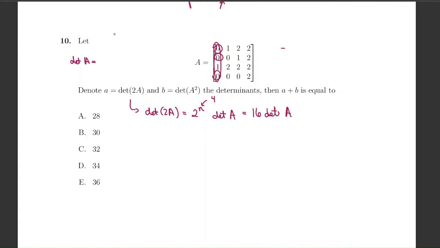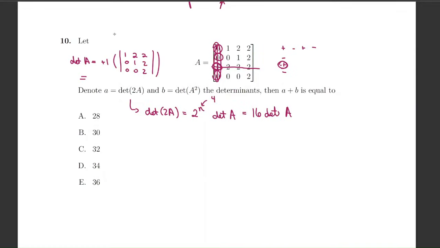Then remember we apply this checkerboard pattern. Okay, so we have a plus here, so we'd have +1 times deleting the row and column that this entry is in. So the determinant of 1, 2, 2, 0, 1, 2, 0, 0, 2.